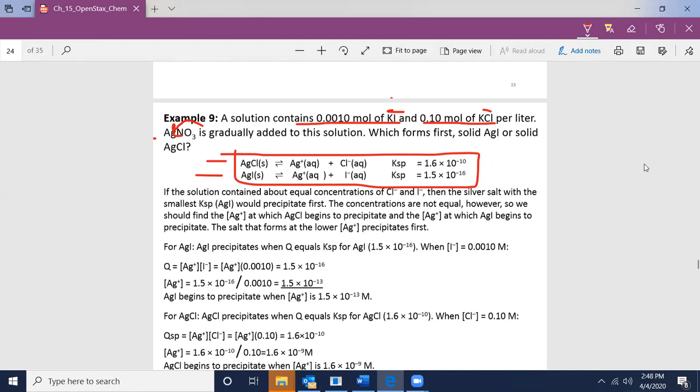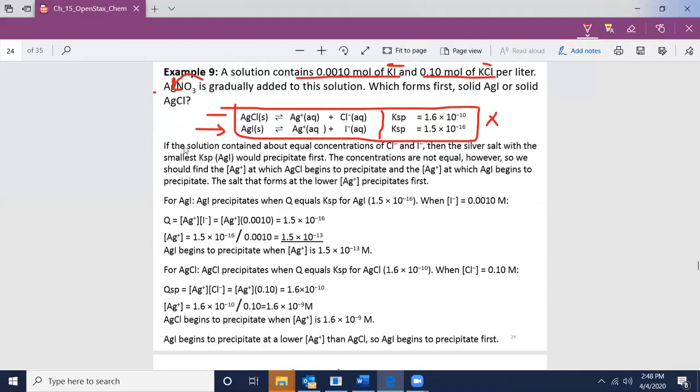If we look at the Ksp value for both of them, AgI is less, and this is a larger number. But we cannot compare. We have to go through and figure out what's going on. If the solution contains about equal concentrations of chloride and iodide, then the silver salt with the smallest Ksp would precipitate first.